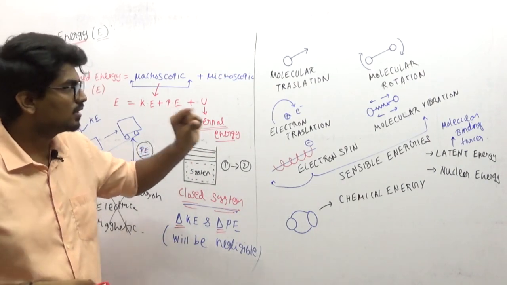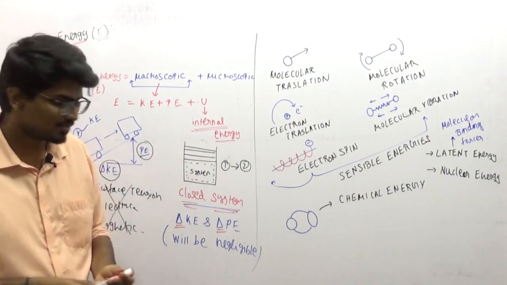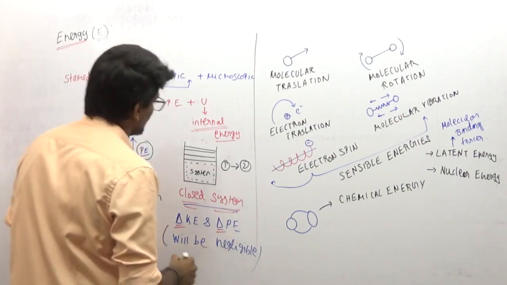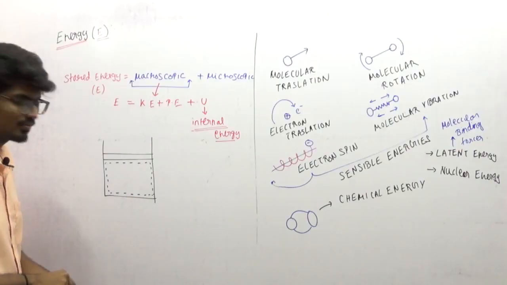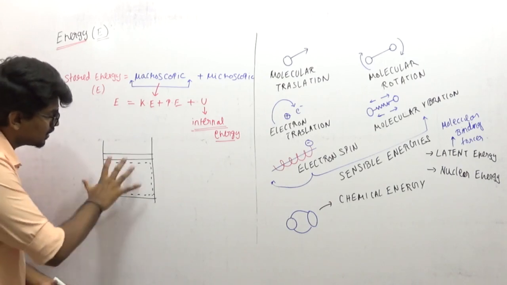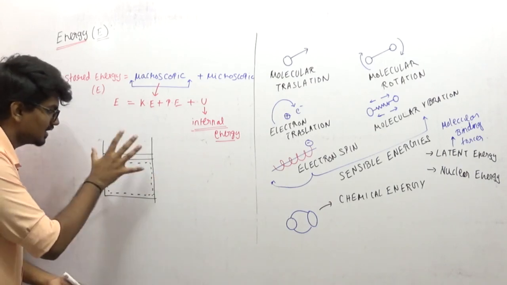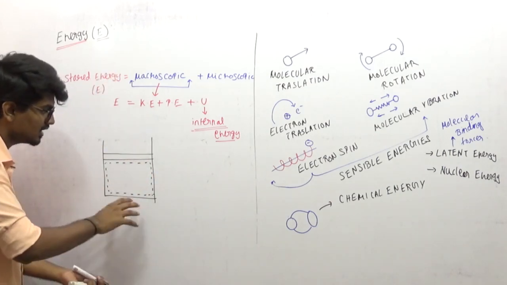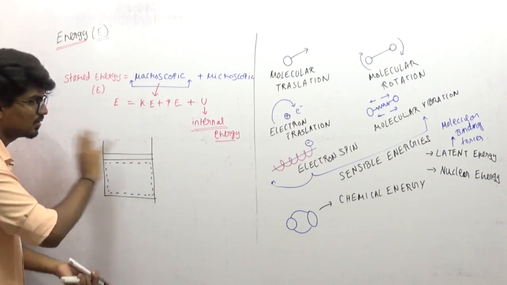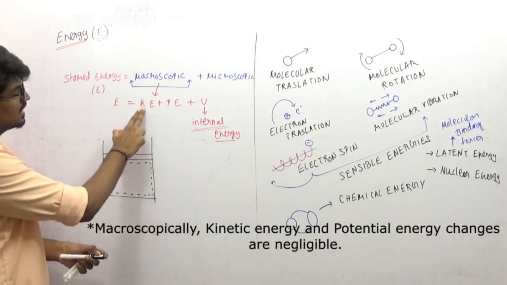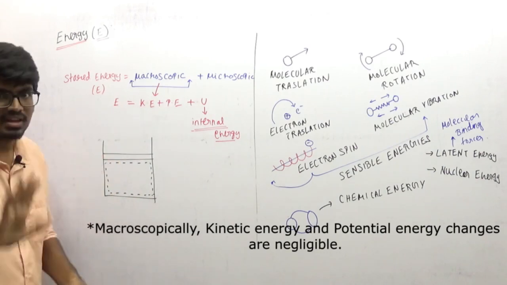Listen, this is my system. As a whole, it is not going to change much. Neither the distance nor the velocity of the system as a whole is going to change, so the change in kinetic energy and potential energy will be negligible.